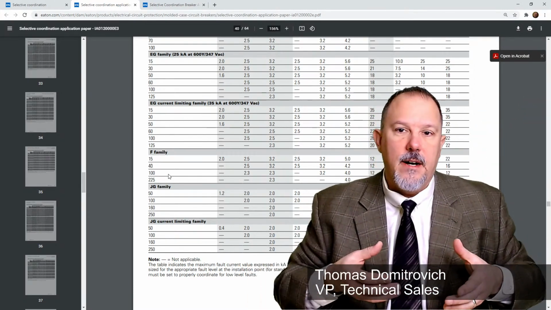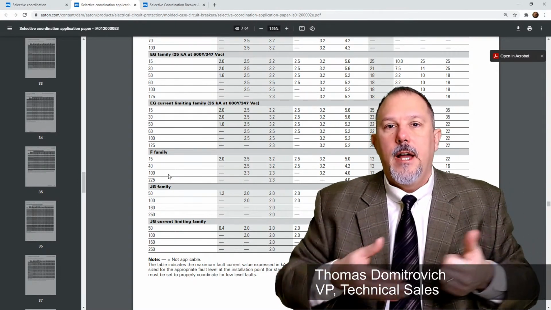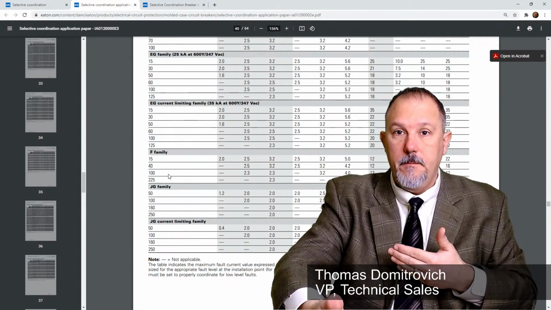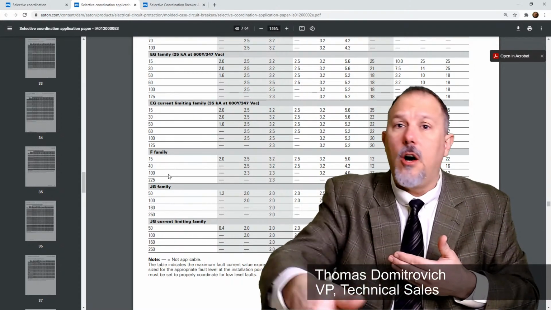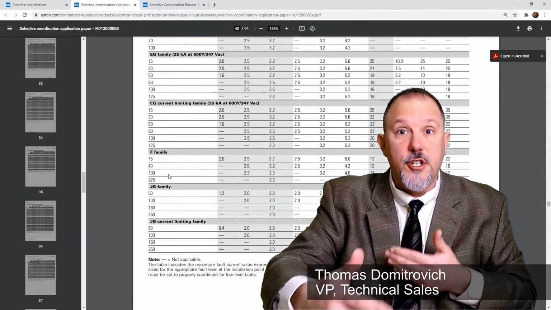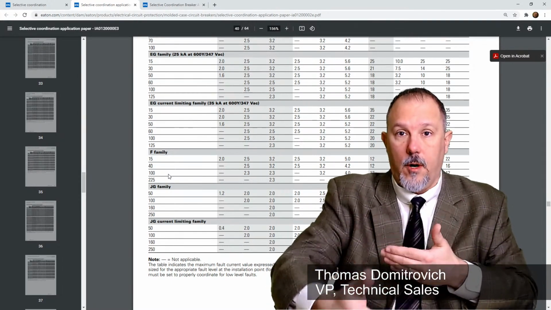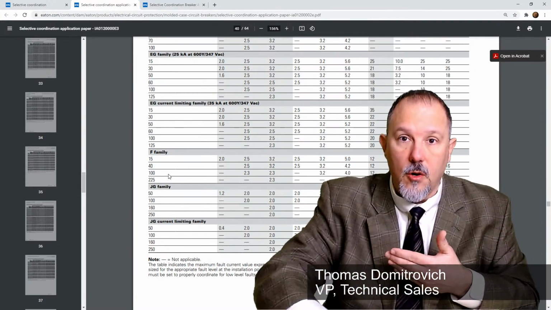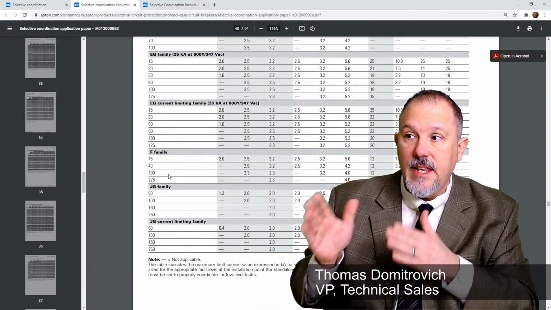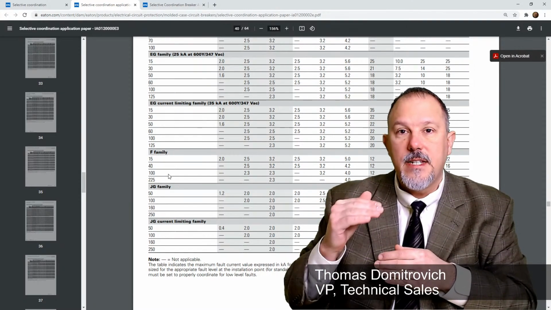So if I have a 800 or a 600 amp L frame breaker upstream, whatever, if I'm feeding a main lug only panel board downstream, I would look at all of my branch breakers and feeder breakers that are downstream, pick the largest one, and make sure that those two work, because if the largest one works, then all of the smaller ones will work as well.